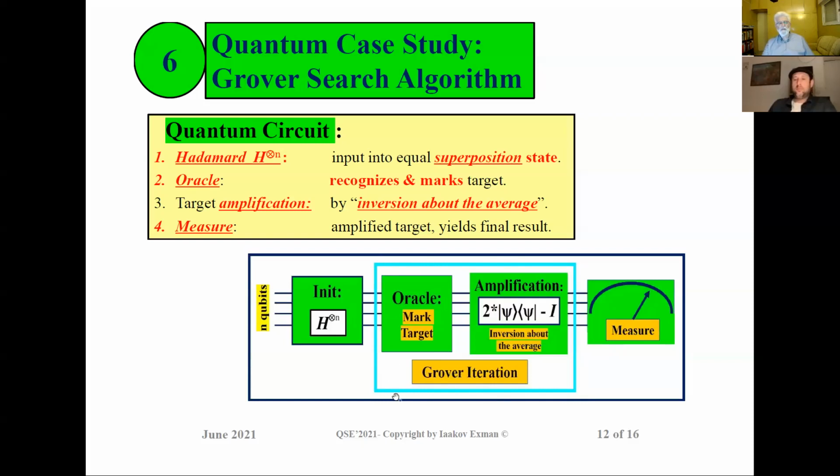They are marked here by the light blue, meaning that after the initialization, which is done only once, and before the measurement, which is done only once, there are a few cycles of the Grover iteration in order to amplify the desired target. And the number of cycles is of the order of square root of n, the number of items being searched.